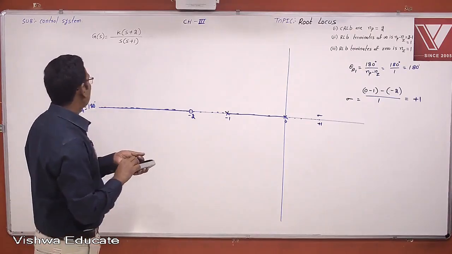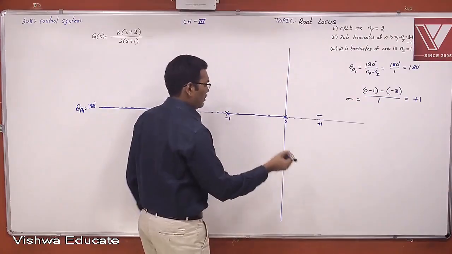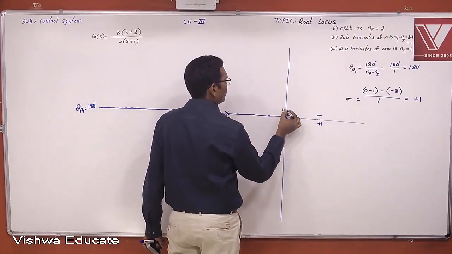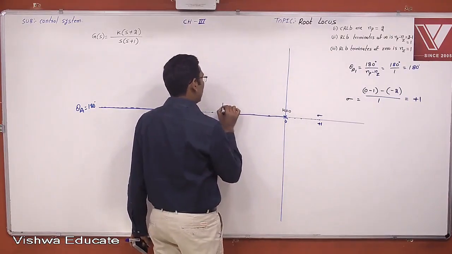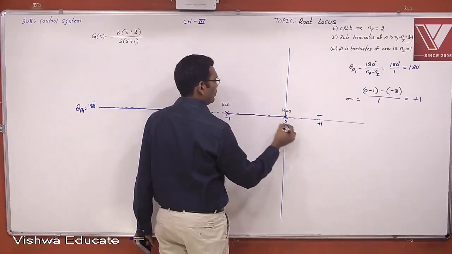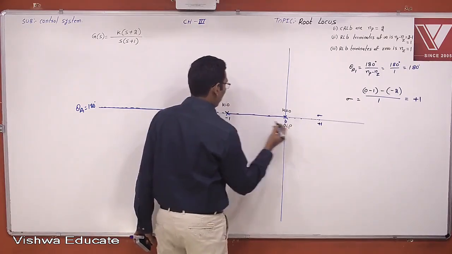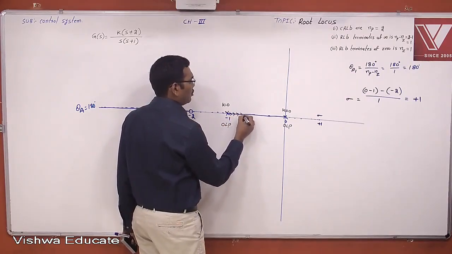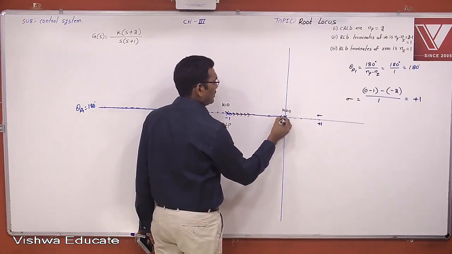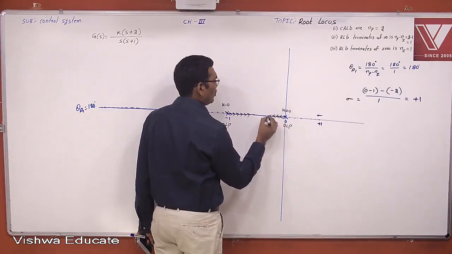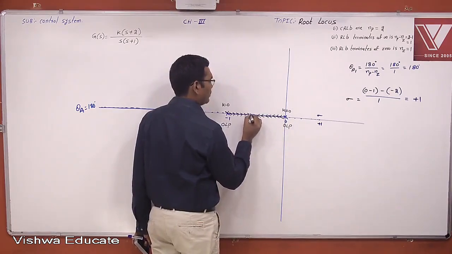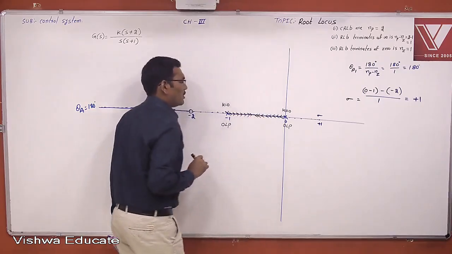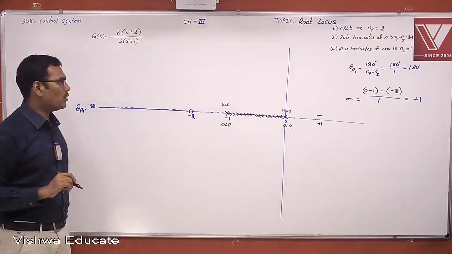The root locus diagram starts with k equal to 0, starting at the open loop poles. As k is changing, the closed loop poles are moving.